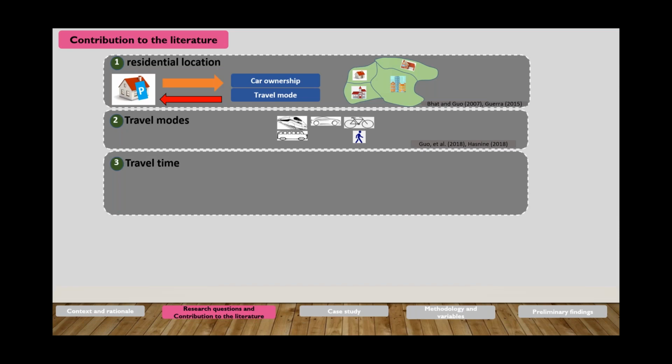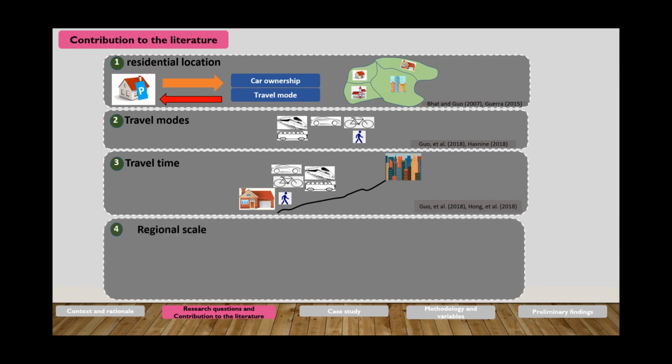Also, I consider travel time as a measure for commuting length in this research because this can better represent commuters' perception of length. The last point is that my case study is a region, including a main city and some other urban and rural areas. This is because commuting is actually a regional issue, and it's not limited to a single city.